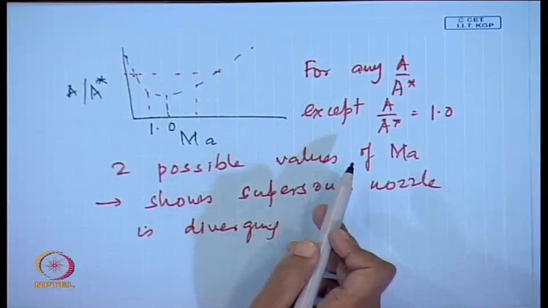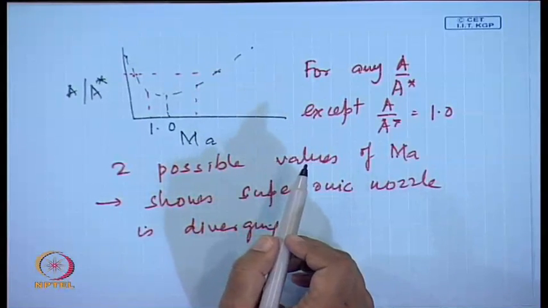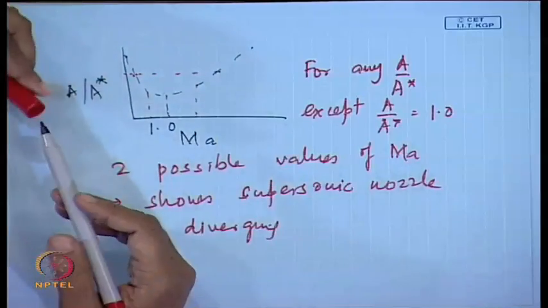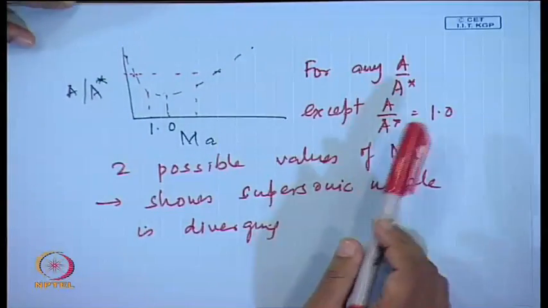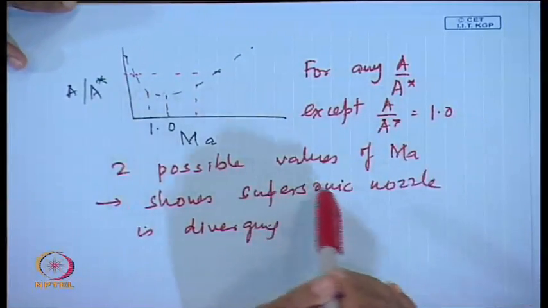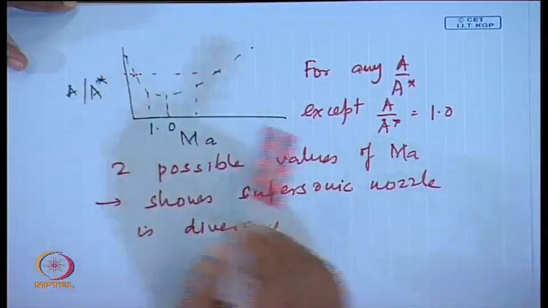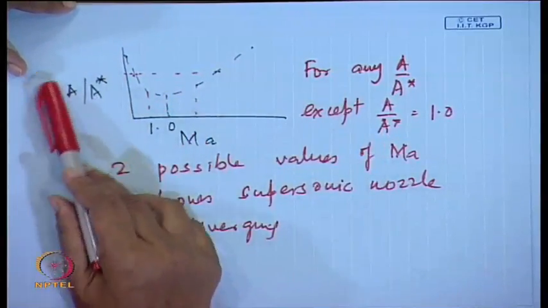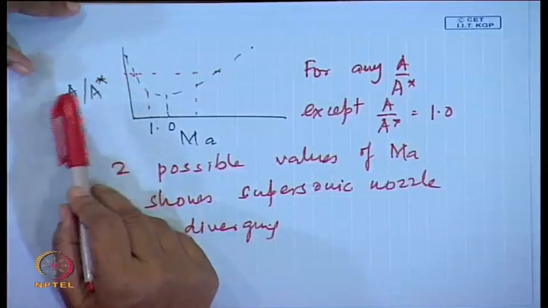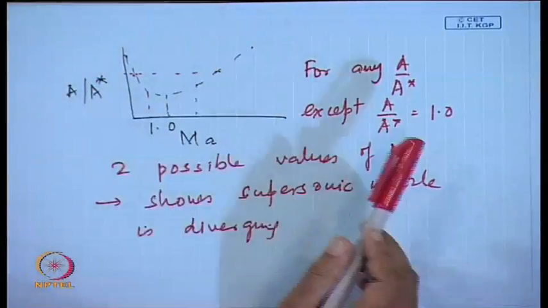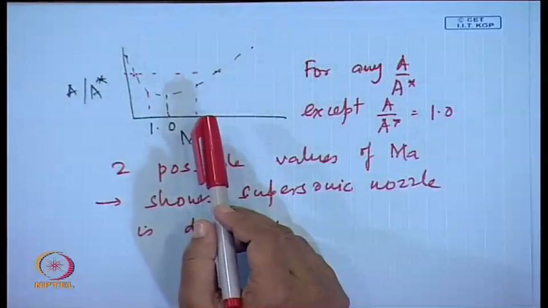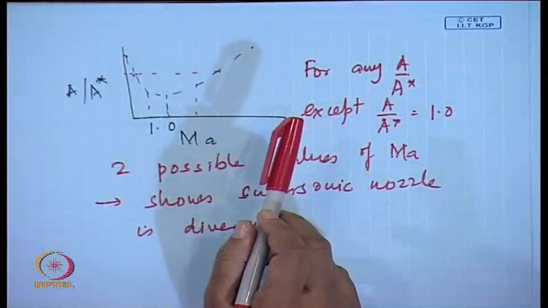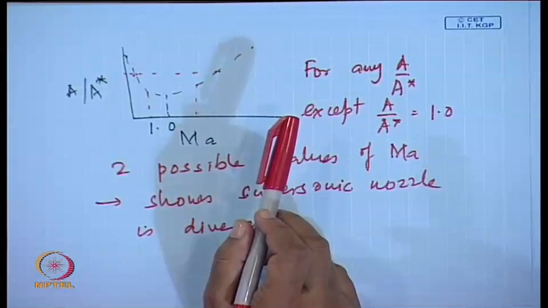So, from here we find why A by A star is so very important. For any particular Mach number there is one unique value of A by A star, but for any A by A star there can be two values of Mach number except for the condition of Mach number equal to 1.